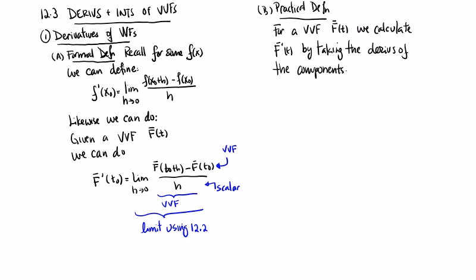So don't worry right now about what this means or what this represents. Just look at a couple of examples, like if F bar of t is t squared i plus, say, sine of 2t j plus e to the 3t k.